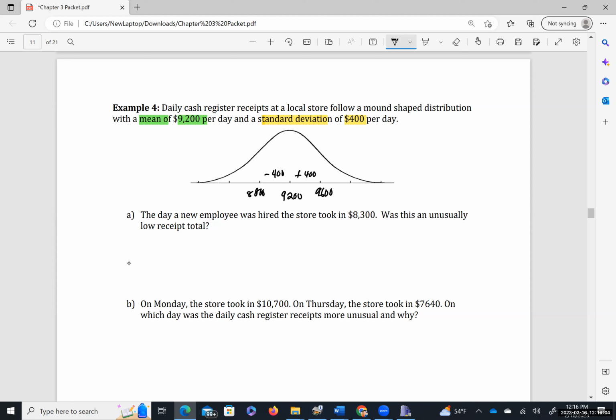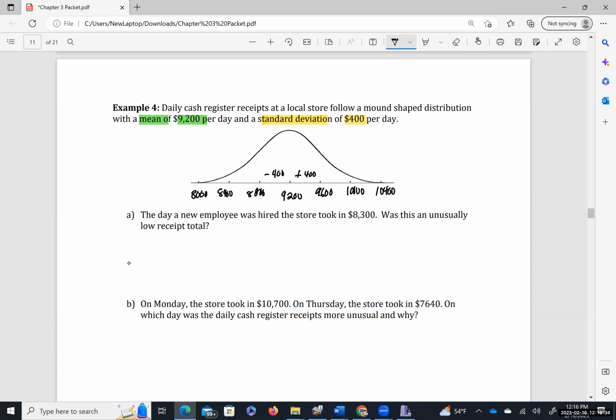You can subtract 400 more and get 8,400, then 8,000, and the next ones going up will be 10,000 and 10,400. Okay.